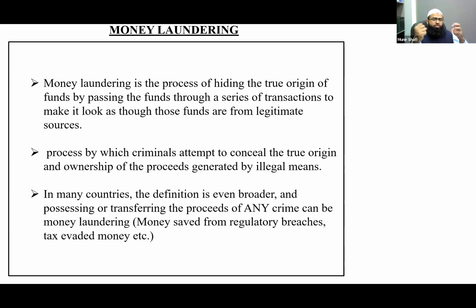The source of funds is fishy. You might have earned it from an illegal means, not allowed in law. This might be the proceeds of any crime, any theft, any illegal smuggling, or any other activity which is barred by law.